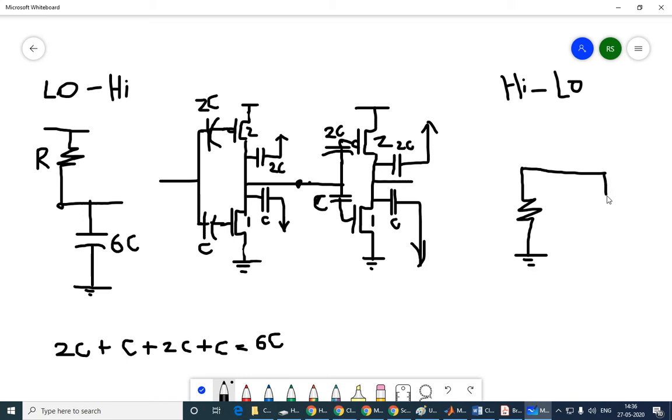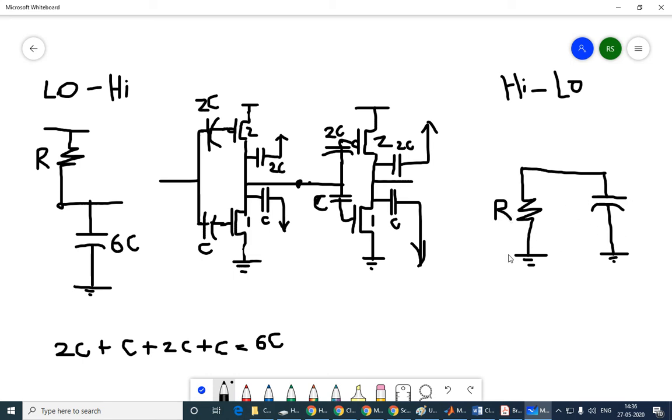In terms of the R and C also, because we have designed the NMOS and PMOS in that way, all my resistances and capacitances, the equivalent values for the low to high and high to low, are going to be the same. If you look at the NMOS transistor, size is 1, so by definition automatically resistances are.